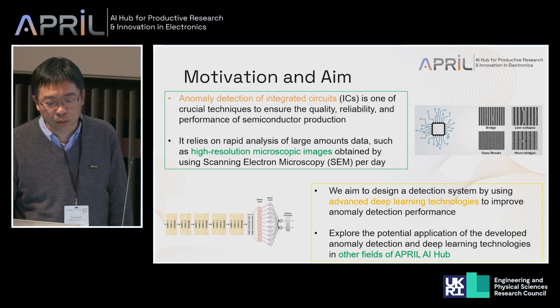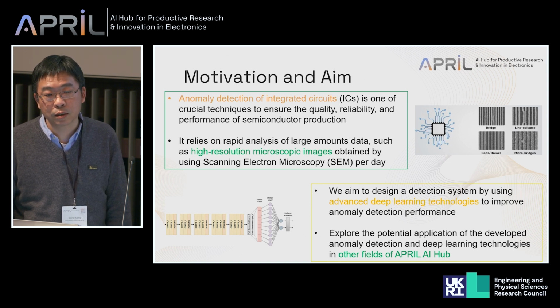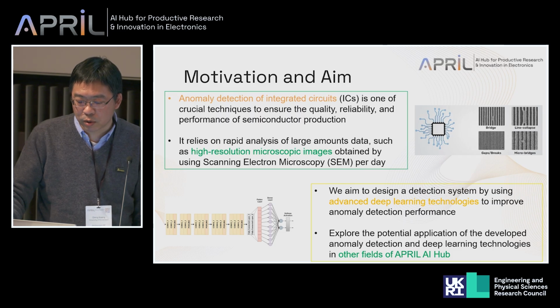Using anomaly detection technologies, we also try to use neural network-based deep learning technologies. This means that we hope to improve not only the effectiveness of the performance, but also the efficiency and the robustness when we use deep neural networks.